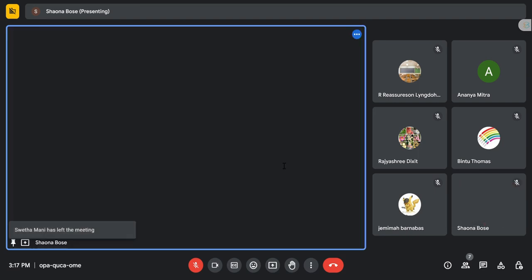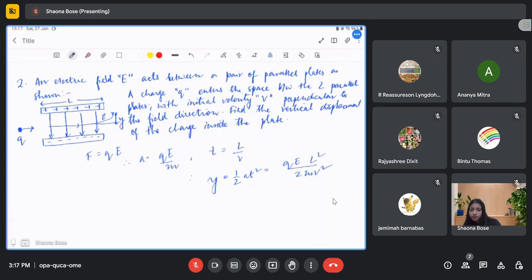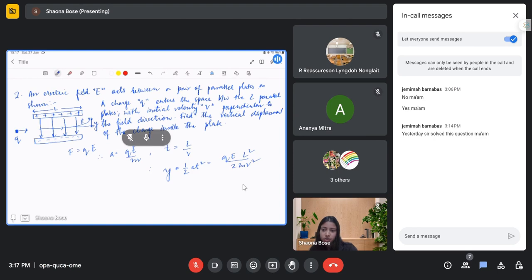Okay, so in this, what is the vertical component of velocity at the moment? Has this part been done too? Somebody please write in the chat. What is the vertical component of velocity? This is the displacement, right? So now what is the velocity?